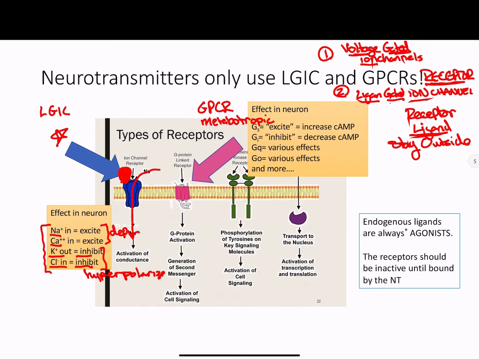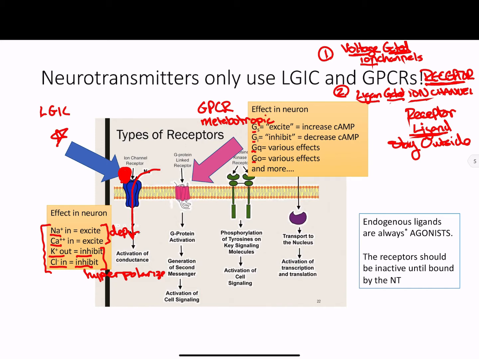So there are multiple different types of G proteins, and each of them is going to have very different cellular effects inside. We've got Gs, Gi, Gq, Go, G11, multiple different ones. If you're a cell biologist, you're going to learn all of the effects that happen from activation of all of these different G proteins. What we're doing for neuro is really we want to know, is this activation going to excite a neuron and cause it to be more likely to fire, or inhibit a neuron and cause it to be less likely to fire?